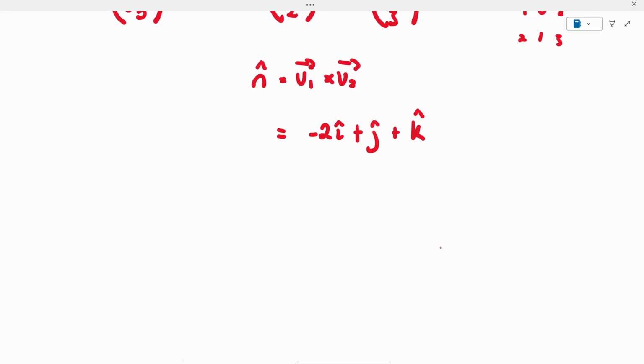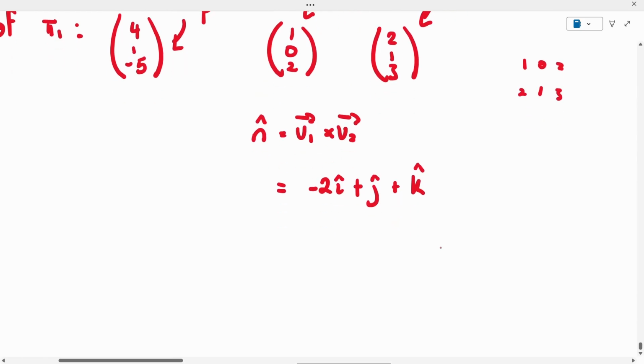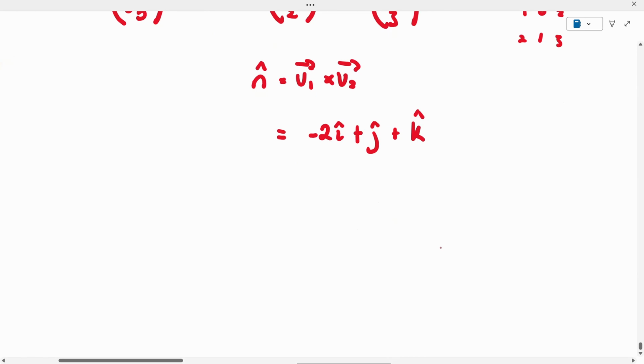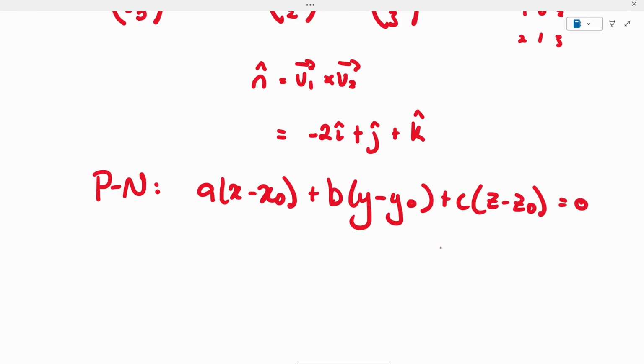So what we have is a point on the plane and a vector normal to the plane. So we use our point normal equation, which is A times x minus x naught plus B times y minus y naught plus C times z minus z naught equals 0. What is A? Minus 2.